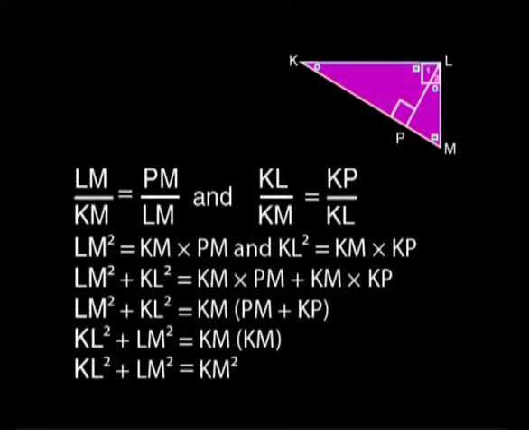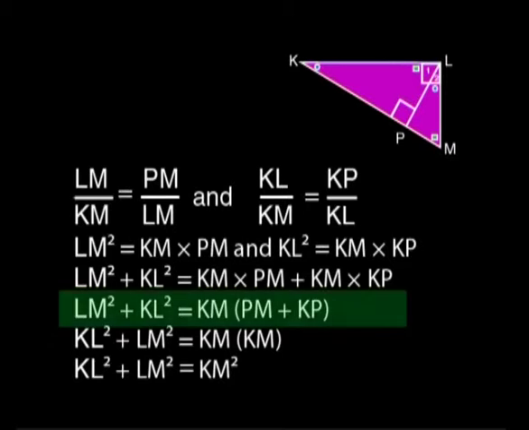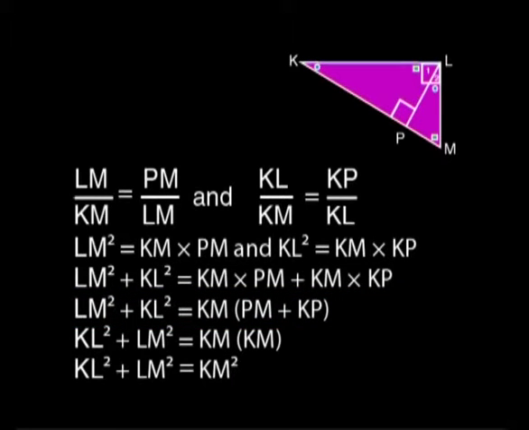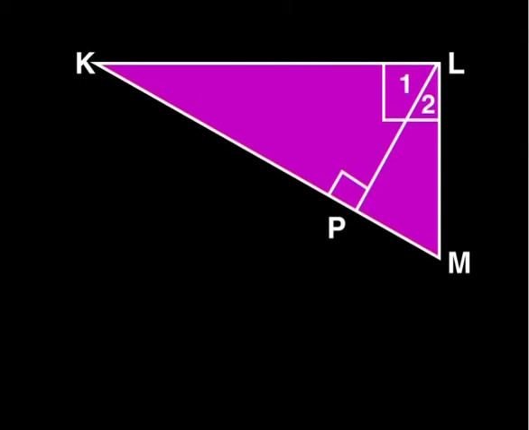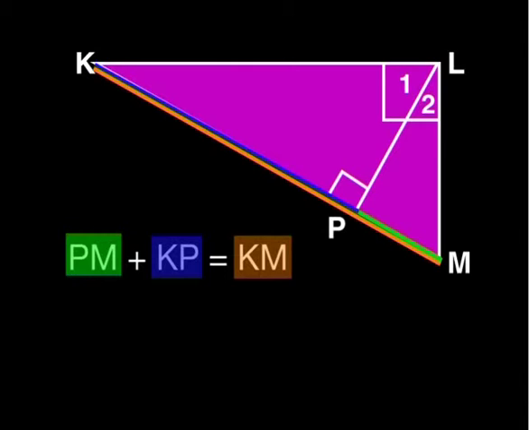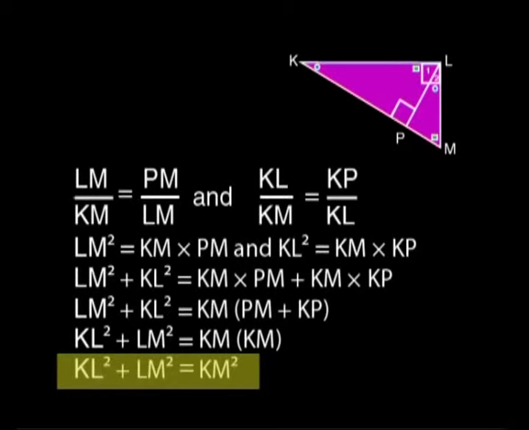Taking a common factor of KM, we are left with PM plus KP in the bracket. Look at the diagram again. PM plus KP is the same as KM. So we have arrived at the theorem. KL squared plus LM squared equals KM squared.